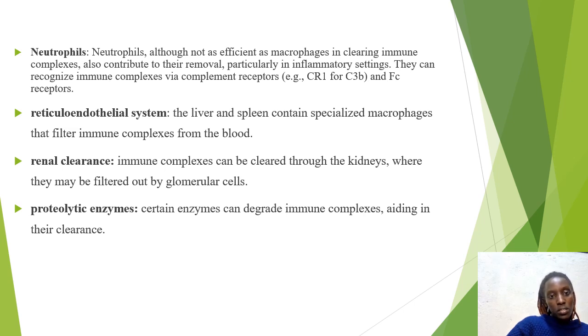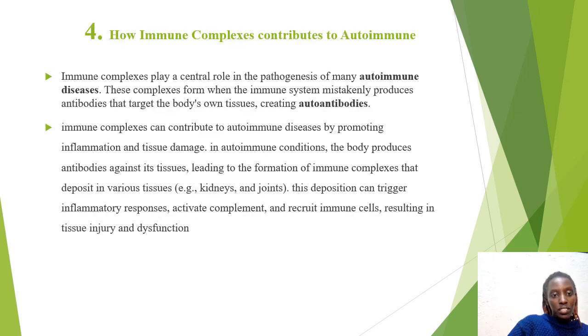There is also renal clearance, whereby immune complexes can be cleared through the kidneys, where they may be filtered out by glomerular cells. And the last mechanism is proteolytic enzymes. Certain enzymes can degrade immune complexes, aiding in their clearance.